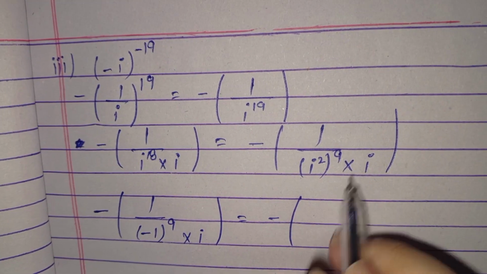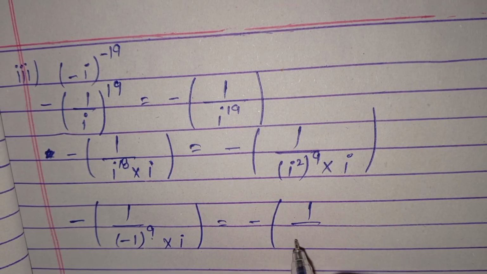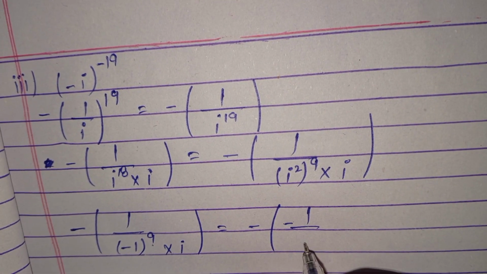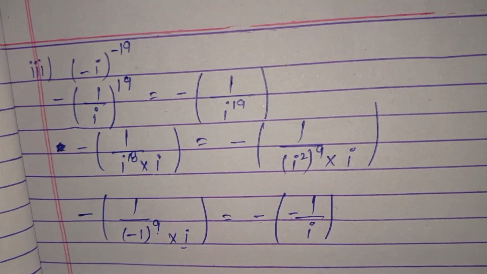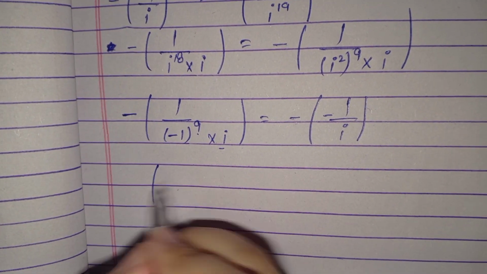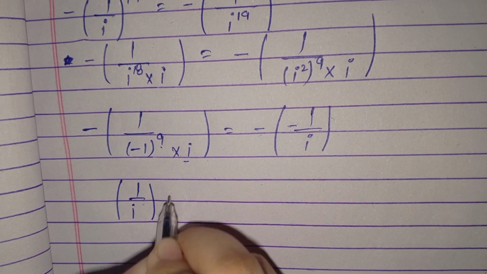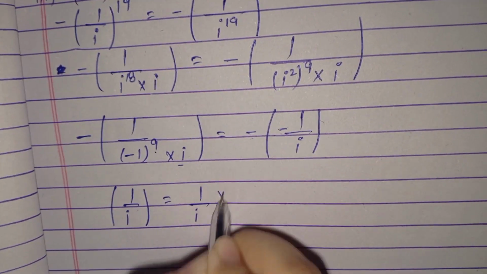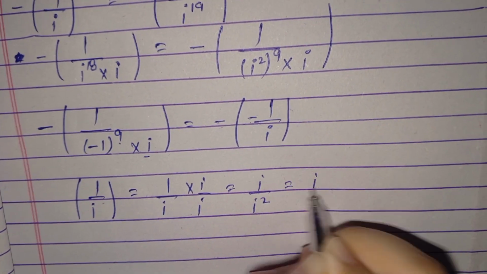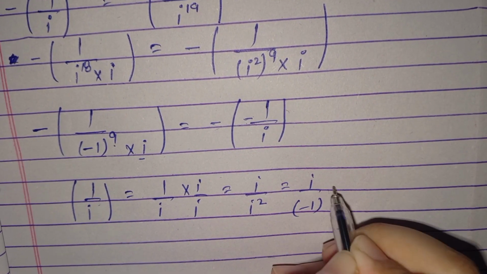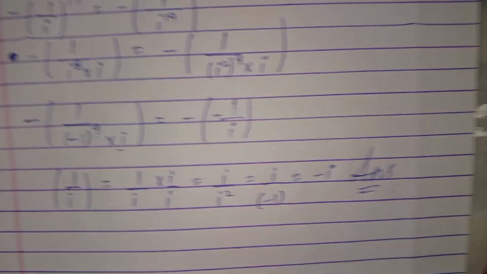Then minus 1 over, we know that the power is odd, so the minus sign comes here, and iota in the denominator. Minus minus is plus, so we will remove this negative outside, giving 1 over iota. Now rationalizing it, iota over iota square, which is iota over -1, so this -1 will come up here: minus iota. So this is my answer.